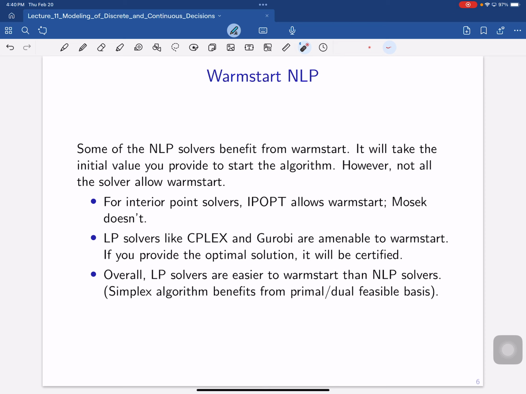The simplex algorithm can benefit from a good basic feasible solution. It can be immediately verified by checking all the basic feasible directions, the reduced costs, right? But the nonlinear programming solvers usually rely on primal dual solutions, right? If you just provide a primal solution, it does not have a dual warm start, right? So it's not as easy as with linear programming solvers.